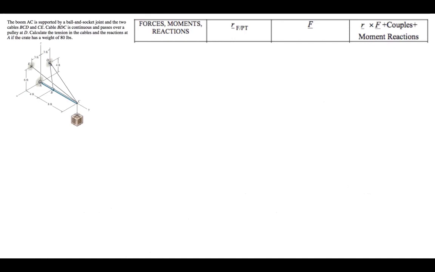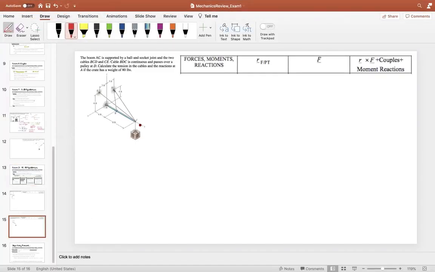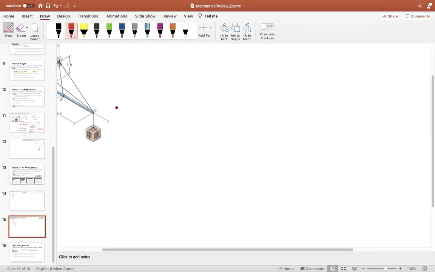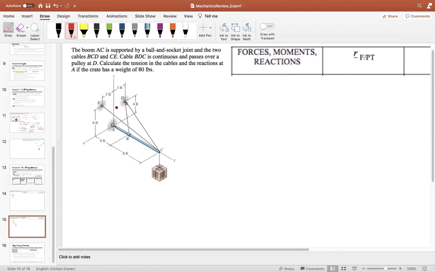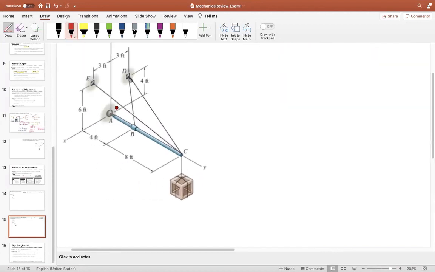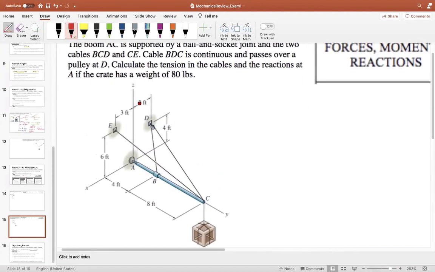Okay, so there's a couple iffy things in this problem. Oh wait, I gotta get out of here so I can draw. There are a couple more interesting things about how this problem is set up. Right off the bat, look at your fixtures. This is a ball and socket joint, which means this bar can swing around any way it wants, but it can't move in any direction at this point, because it's mounted here, but it can still rotate.